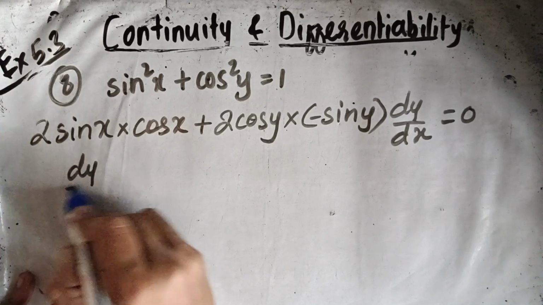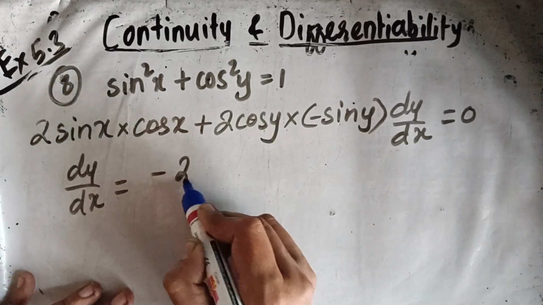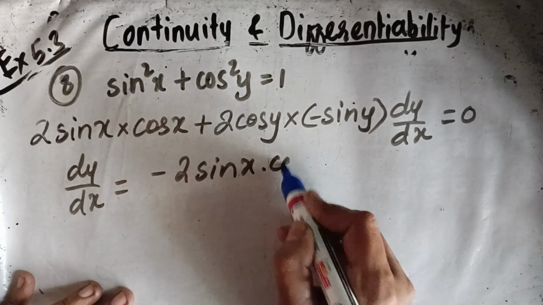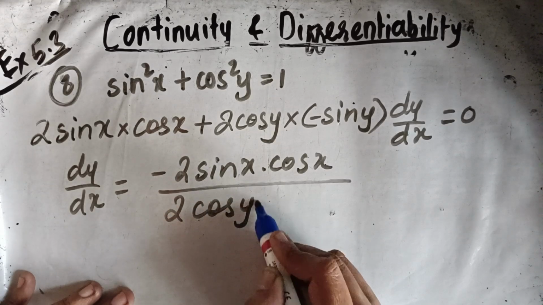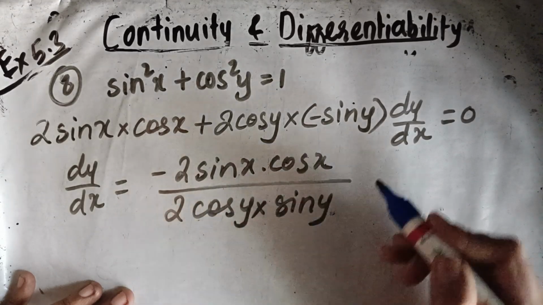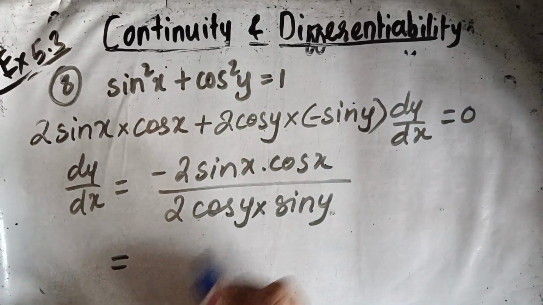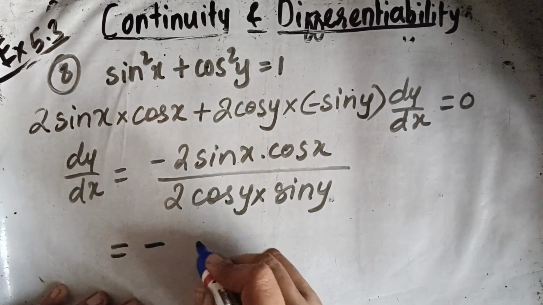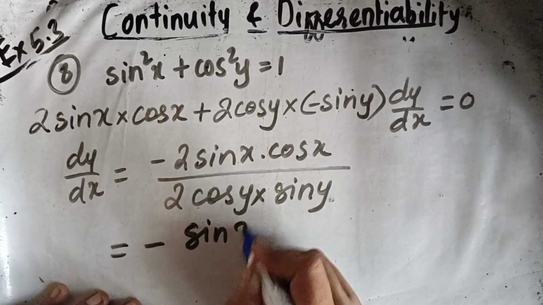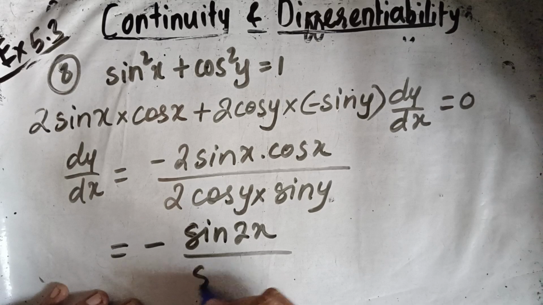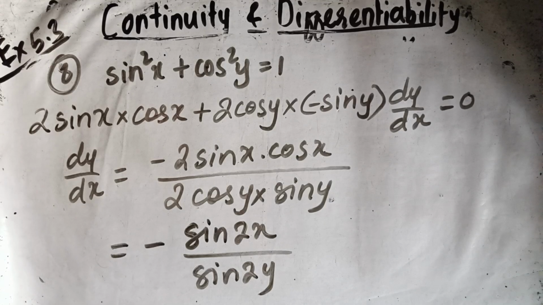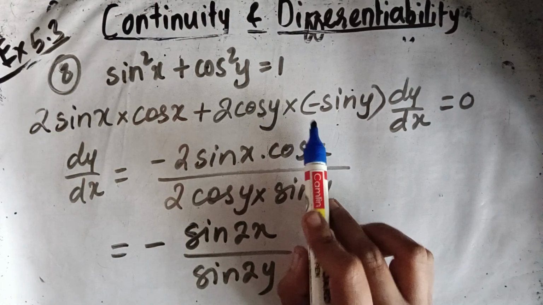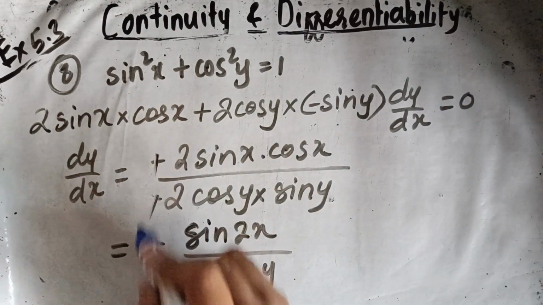So dy by dx is minus 2 sin x into cos x upon 2 cos y into sin y. So you can use the identity and write this as minus sin 2x upon sin 2y. Okay. Minus, and this is also minus is there. No? So this minus gets cancelled.